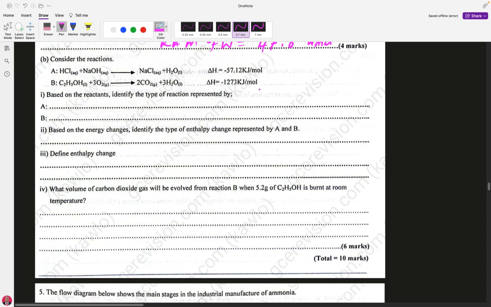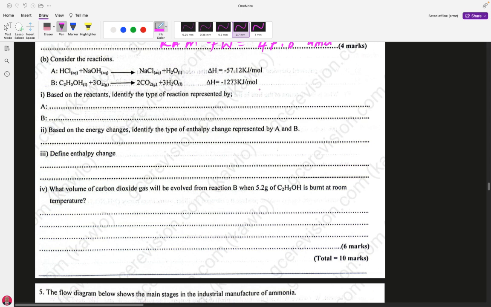Based on the reaction, identify the type of reaction represented by A. Now, you look at it. You must have been told that when an acid reacts with a base, sodium hydroxide is an alkali. In other words, we call it a base. And hydrochloric acid is an acid.